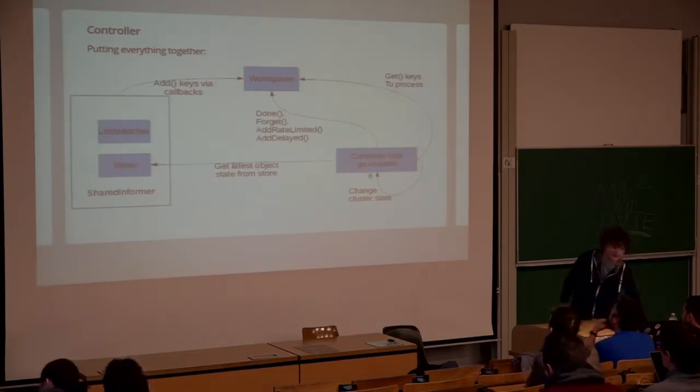Now they have everything, they have access to the objects and to the key they want to process, and they can react to changing the cluster with doing extra REST calls by creating pods or whatever. And depending if something was a success or an error, they can call the right calls in the work queue afterwards. Like these calls are done, forget, add rate limited, add delay, or stuff like that.